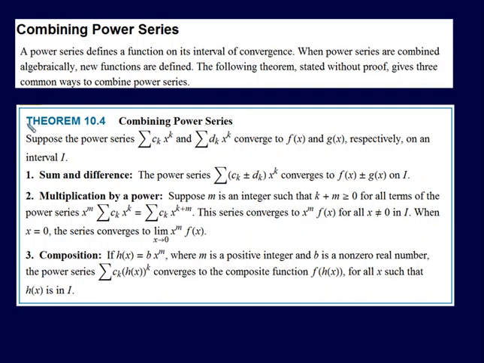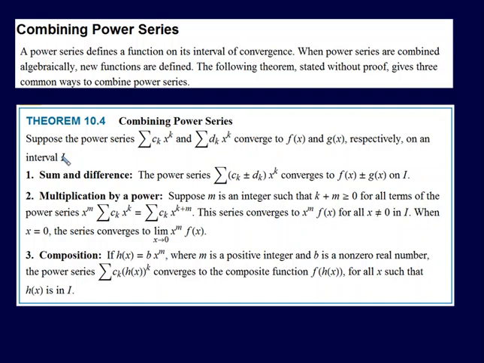Essentially what it's saying is that if we have a power series for two different functions, maybe f of x and g of x, they each converge on their own interval of convergence. Now in this theorem, we're going to presume that the interval of convergence for both of those power series is the same, and we're just going to specify it as I for interval.